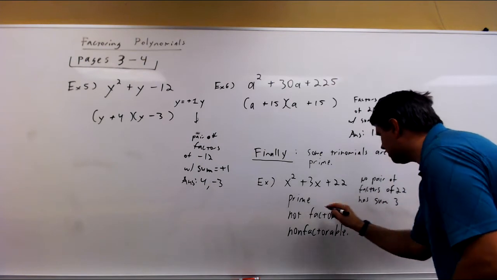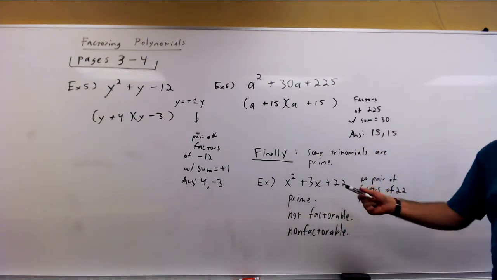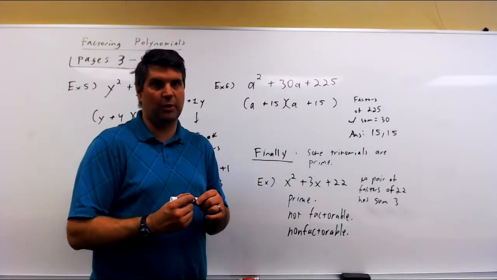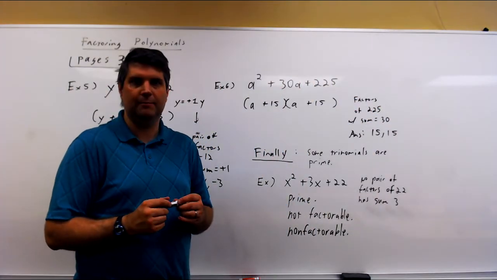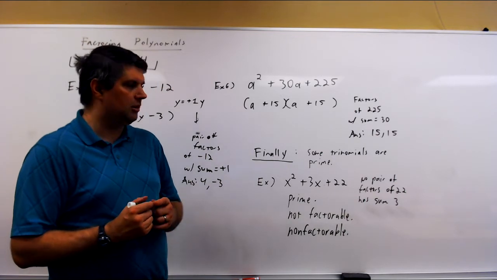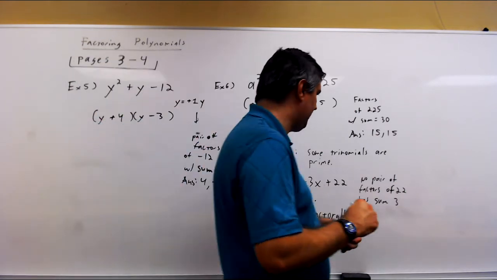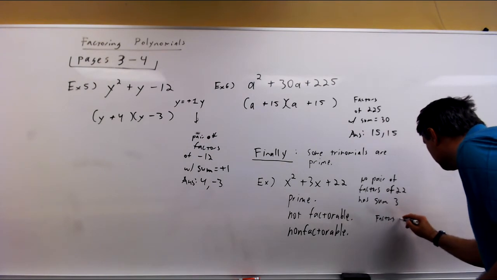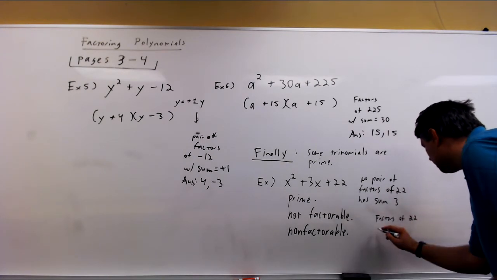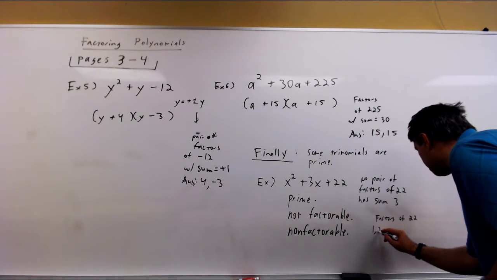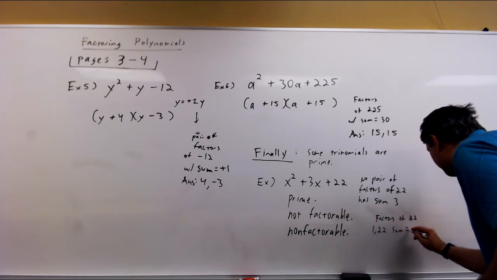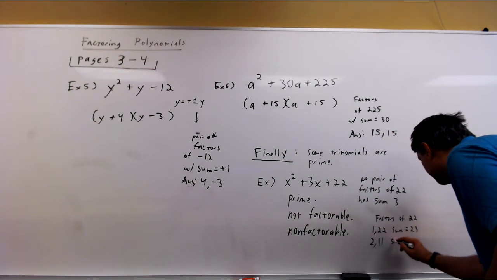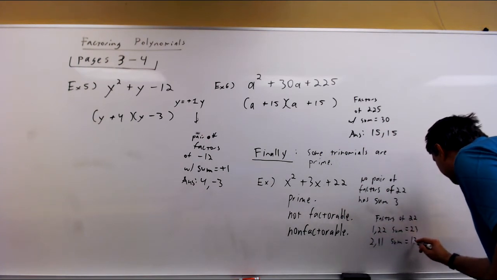Any one of these descriptions would describe this polynomial, because the only pairs of factors of 22 are 1 and 22, whose sum is 23, and 11 and 2, whose sum is 13.